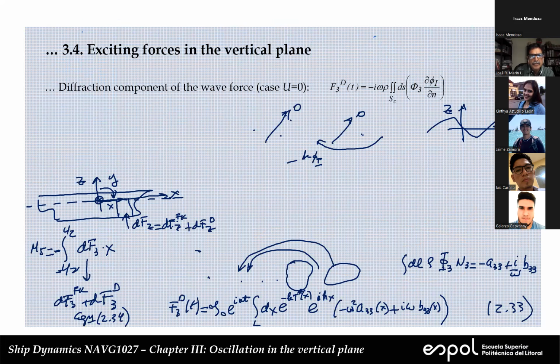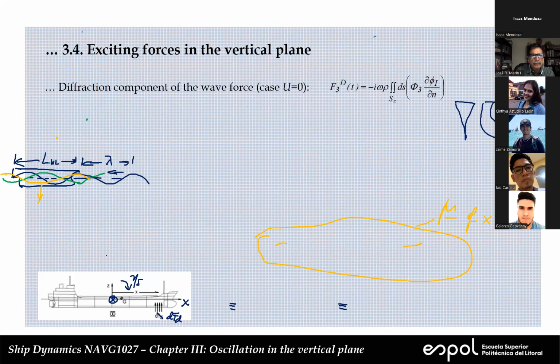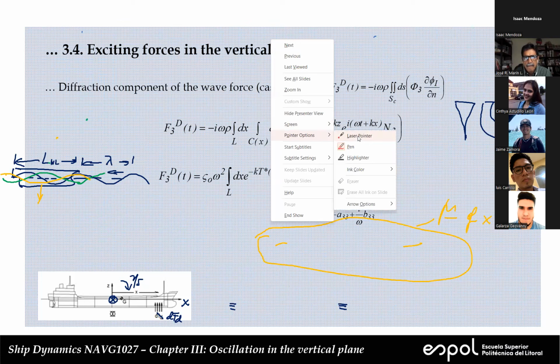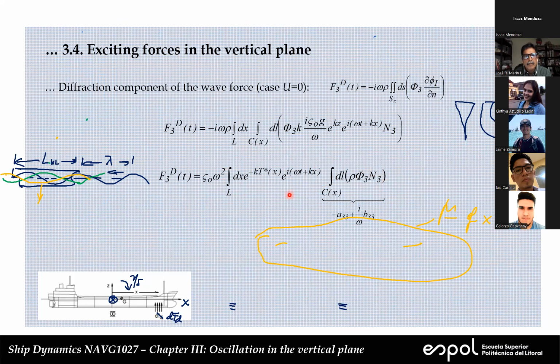So just to remind you, this is the term that I'm going to use. We have these two: I have A33, and I have B33 divided by frequency. That's this thing here. But then I have to multiply by cosine plus i sine, so I have to be careful with this.